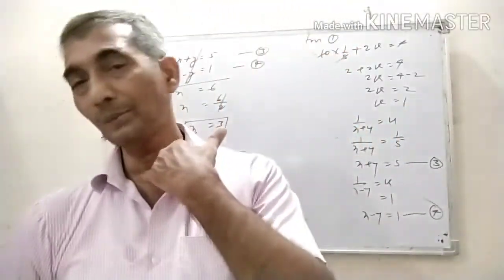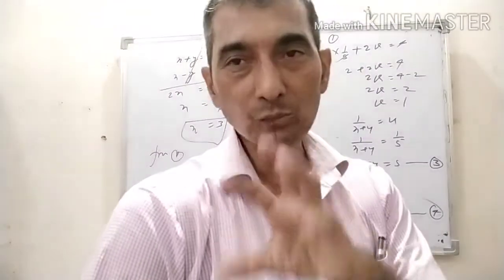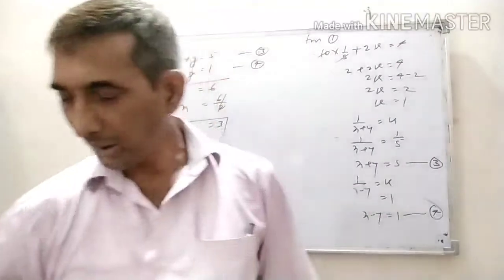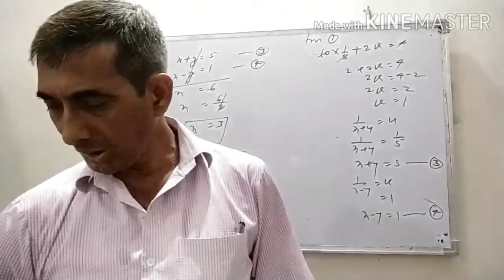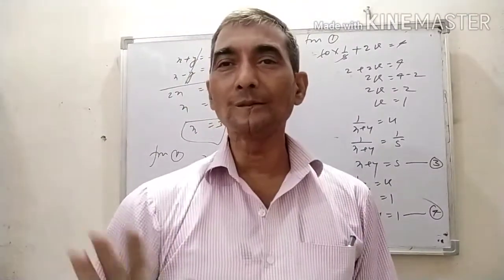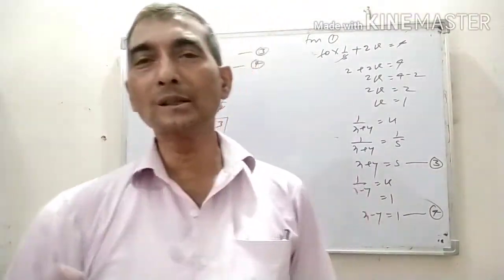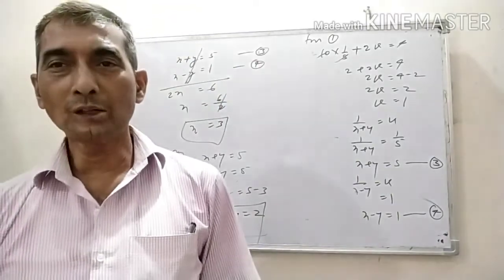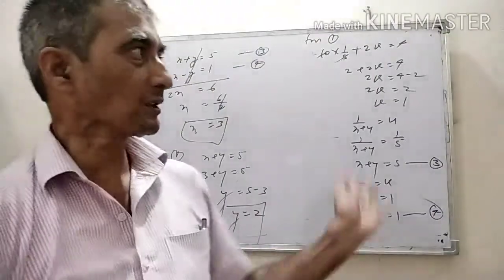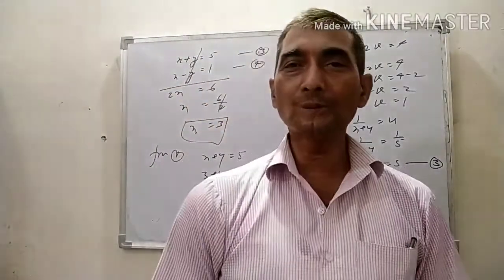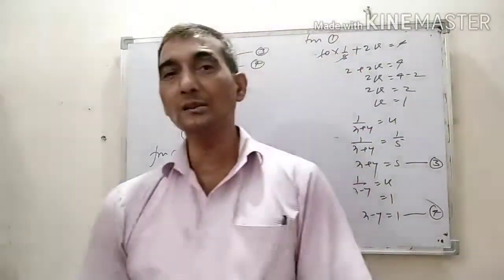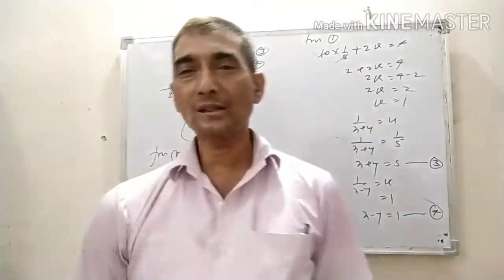Five questions have been solved by me, and 3 questions remain for you. I hope that you will try to solve the remaining 3 questions by this reducing method. If you do it, very good. If you do not do it, then I will solve them in the next classes.